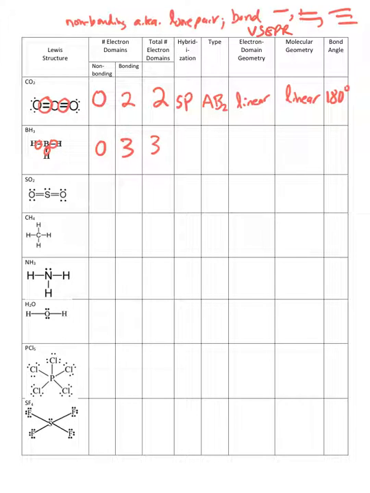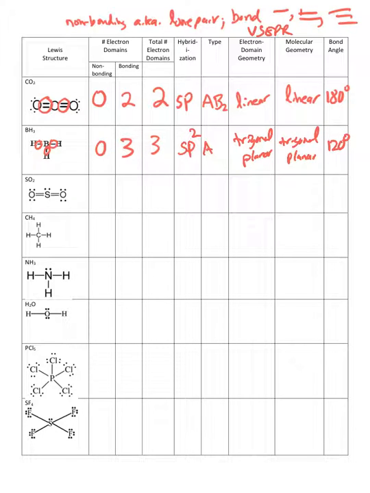If the number of electron domains is 3, the hybridization is what we call sp2. The ideal bond angles are 120 degrees, and it's trigonal planar for both electron domain geometry and the molecular geometry.